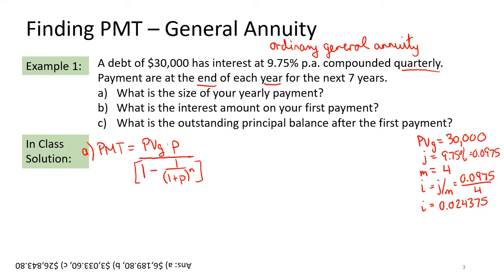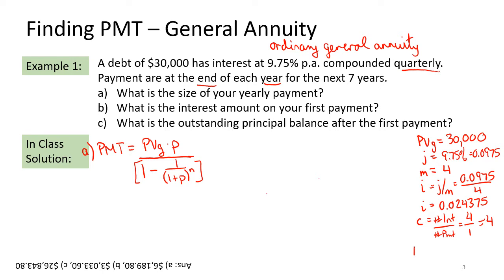Okay. So next, our value for C, the number of interest compounding periods divided by the number of payment periods per year. In this case, interest is compounded quarterly and payments are yearly, so 4 divided by 1 gives you a value for C of 4.